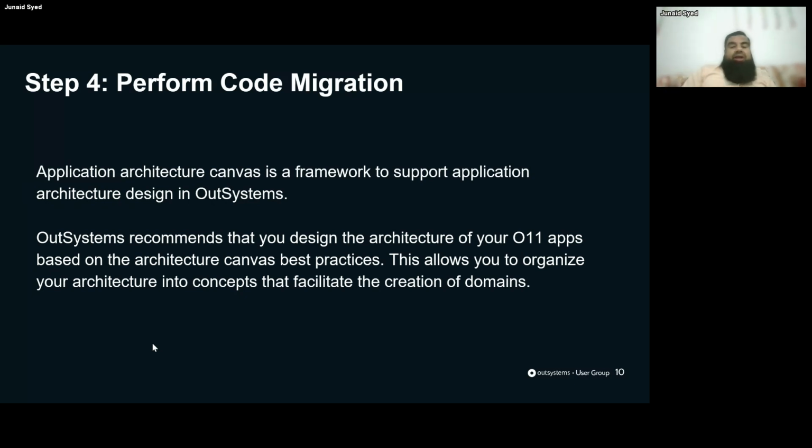Ideally there should not be any violations at the architecture level, in Discovery Pro or in AI Mentor either. That is the recommended way of performing the code migration, or preparing our application to be migrated to ODC.